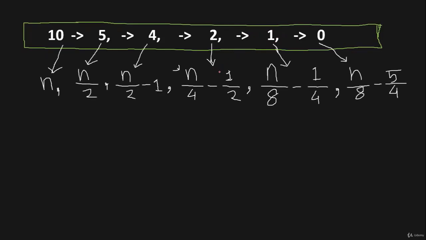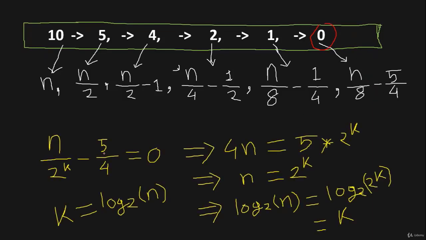So we can calculate like this: n divided by 2, n divided by 2 minus 1, n divided by 4 minus 1 divided by 2, n divided by 8 minus 1 divided by 4, n divided by 8 minus 5 divided by 4. And here what we see is that the value for 0 is n divided by 8 minus 5 divided by 4.